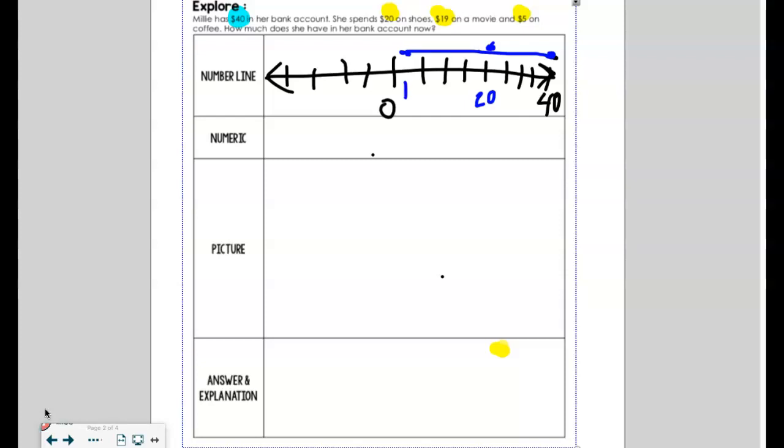Then she spends another $5, so she's going to end up at -$4. So numerically, we would have 40 minus 20 minus 19 minus 5 equals -4.